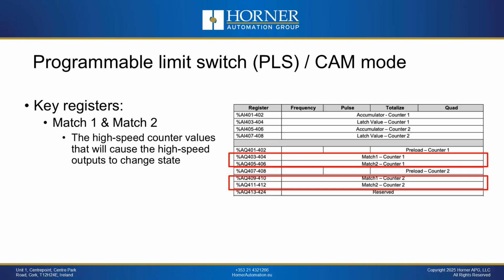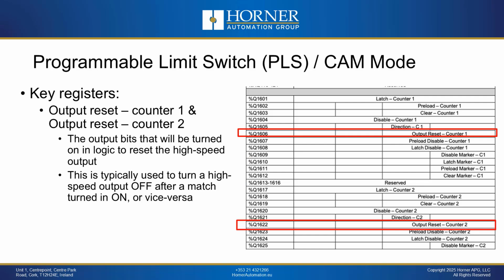You can then set match 1 and match 2 dynamically in your program and still make sure that they are set to the appropriate value so that they are firing at the appropriate time. You have got up to 2 match registers you can use. As you can see here, you are going to find in the user's manual the specific location where those real-world AQs are assigned. So other than the match registers, what else matters for the programmable limit switch in CAM mode?